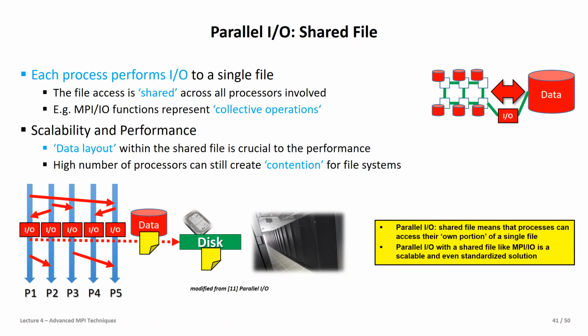But before I just write this directly to disk, I have certain positions in the file so that I have a kind of shared access or concurrent access, which means really everybody has its own little part of one file, but it's exclusive, right? So nobody of the other processors is considered to write in this portion at the same time. And this parallel I/O is essentially the shared file.